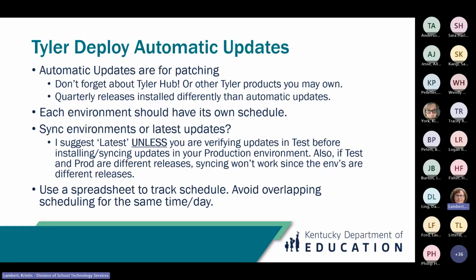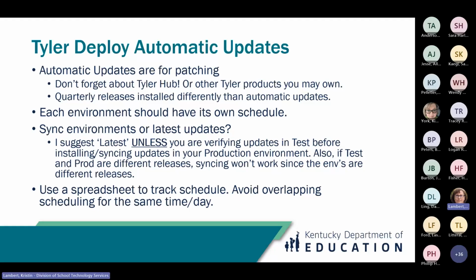Those districts that had version 2019 still going, but their test environment was upgraded last August to version 2021, if they had sync set, their production environment was not receiving releases because they were on different releases. 2019 and 2021 is not the same Munis release, so syncing does not work.